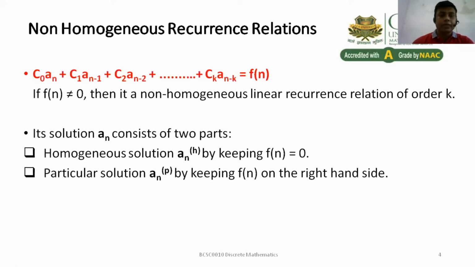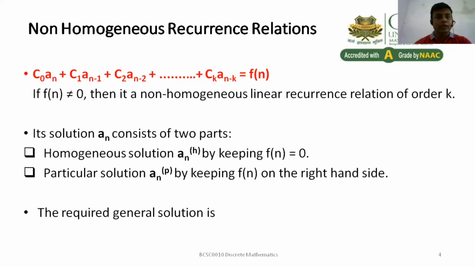The second part is the particular solution. It is represented by a_n with superscript p, and this will be obtained by putting f_n on the right hand side. And therefore, the required general solution for any non-homogeneous recurrence relation will be a_n equals a_n^h plus a_n^p, where a_n^h denotes the homogeneous solution which will be obtained by putting f_n equals 0, and a_n^p is the particular solution which will be obtained by keeping f_n on the right hand side.